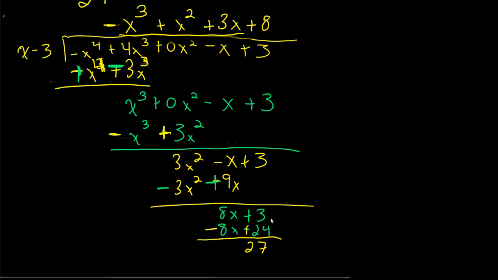Remainders tell us about factors. If you divide something and it goes in evenly, what is the remainder? So if I divide something and it goes in evenly, what is the remainder?